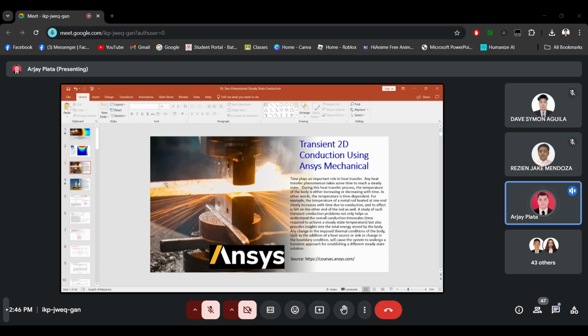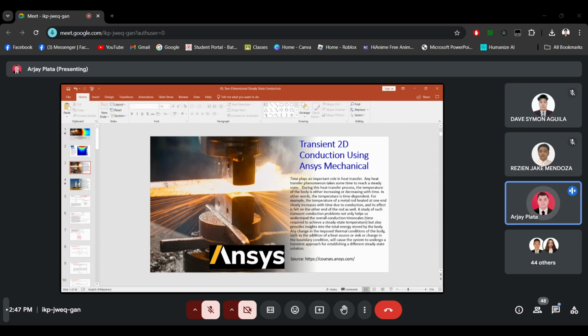Any change in the imposed thermal conditions of the body, such as the addition of a heat source or sink or change in the boundary conditions, will cause the system to undergo a transient approach for establishing a different steady state solution.